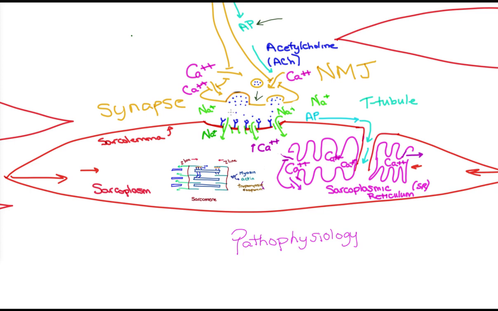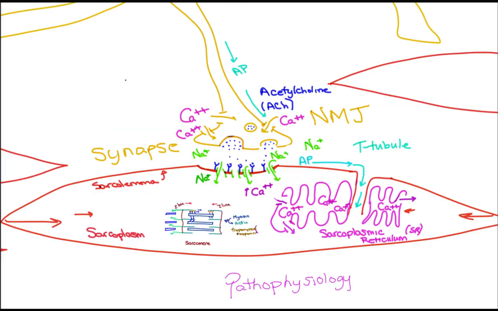You could have a problem with the muscle cell itself. So in muscular dystrophy, that's a genetic disease where there's a protein that helps to hold the muscle fiber together and keep it intact. And that protein is defective in people with this disease. And so maybe you can't maintain the gradient of sodium ions or calcium ions because the cell is damaged.